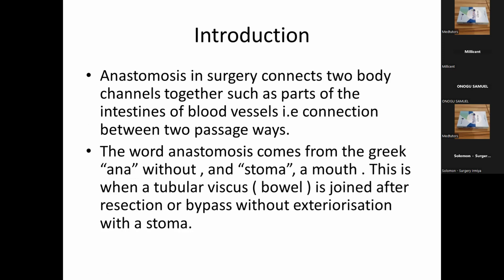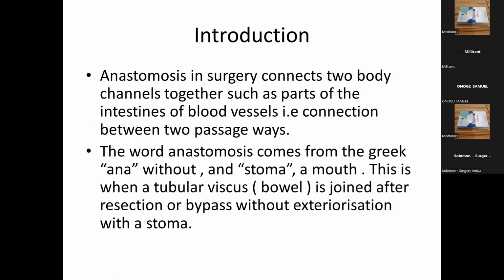By way of introduction, anastomosis in surgery essentially means connection of two body channels together, such as parts of the intestine or blood vessels. That is connection between two passageways of whatever contents these passageways procure. The word anastomosis comes from the Greek word ana, which means without, and stoma, which means a mouth.